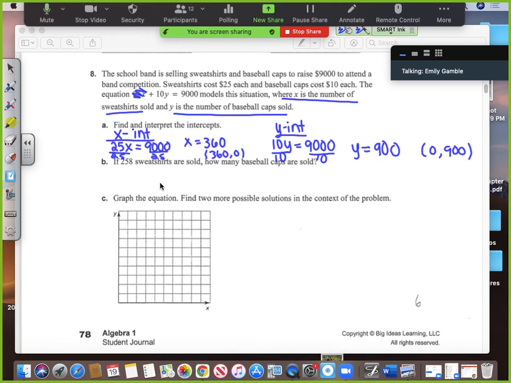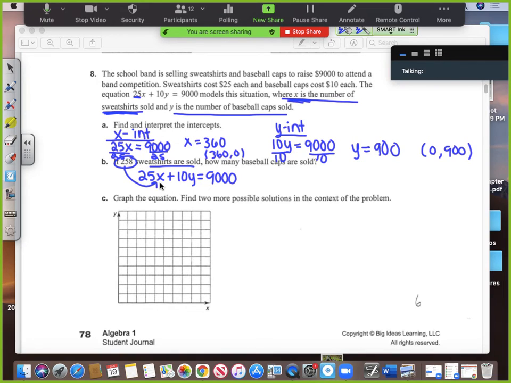Letter B says, if 258 sweatshirts are sold, how many baseball caps are sold? So they're telling us 258 sweatshirts are sold, and we know that sweatshirts is x. So the variable for sweatshirts is x. So using the original equation, which is 25x plus 10y equals 9,000, they are telling us that 258 sweatshirts were sold.